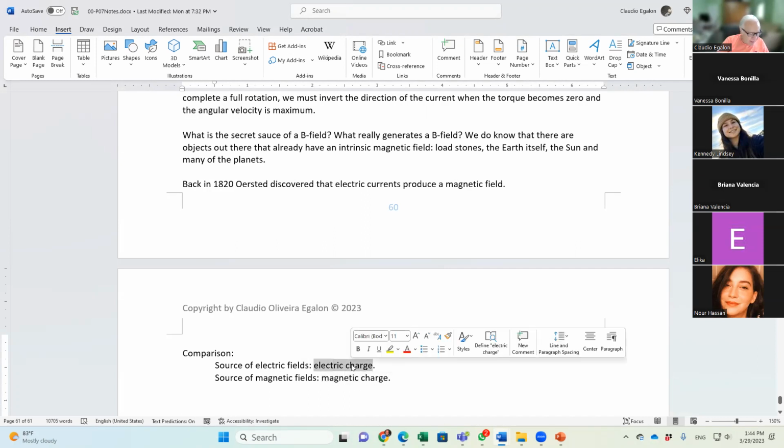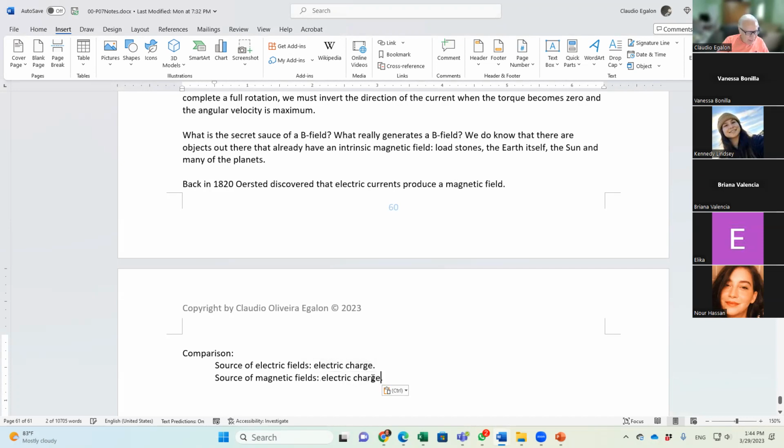Sorry, folks, we don't have magnetic charges. That's the second law of electricity and magnetism: the source of magnetic field is electric current.